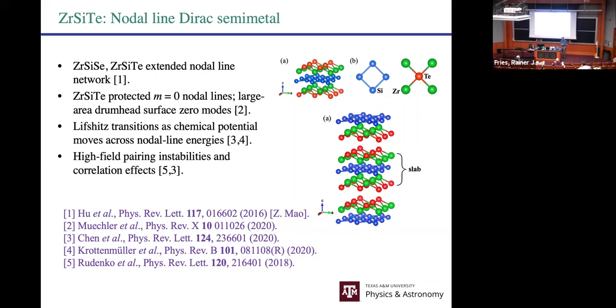That is one of the interesting behaviors, and also the zirconium silicon telluride is believed to have a relatively large drumhead mode, which is the surface state that I defined earlier. So maybe interesting for surface superconductivity, or as a catalysis system, because you also need large density of states on the surface.